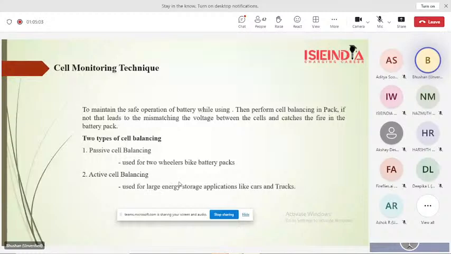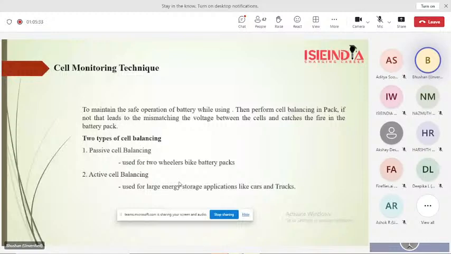Passive cell balancing uses resistors or inductors, or any other system, to discharge the cell voltage. If you have 4.2 volts in one cell, and somewhere 3.6 volts in the second cell, then the first cell we need to discharge up to 3.6, and only then is the cell balanced at 3.6.